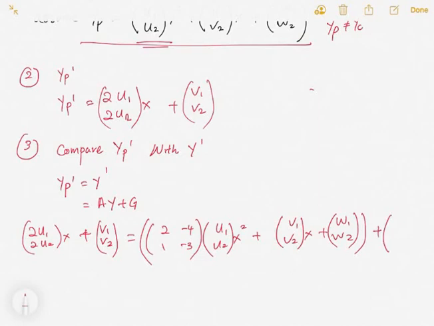G is 2x squared plus 10x, x squared plus 9x plus 3.